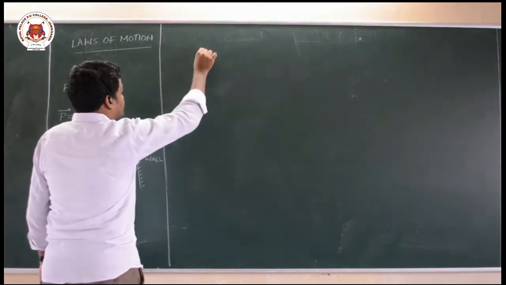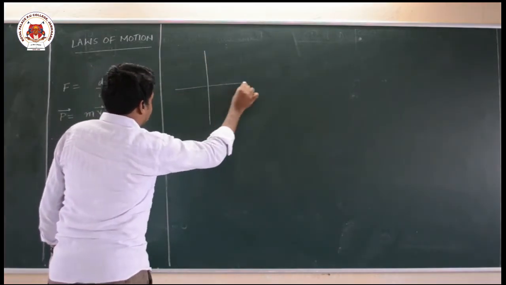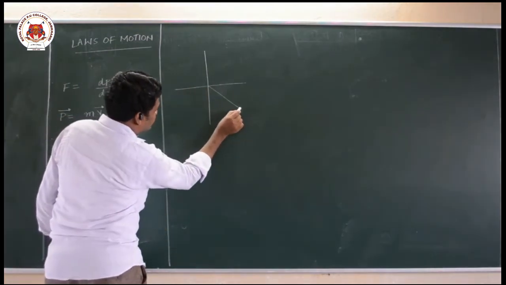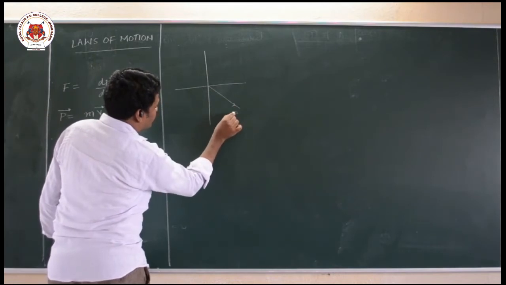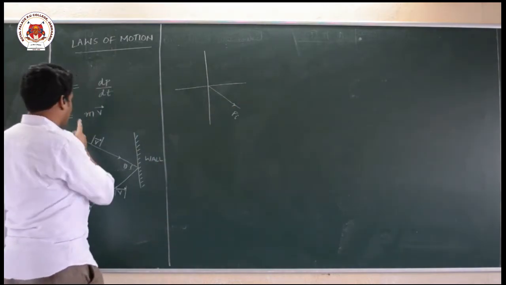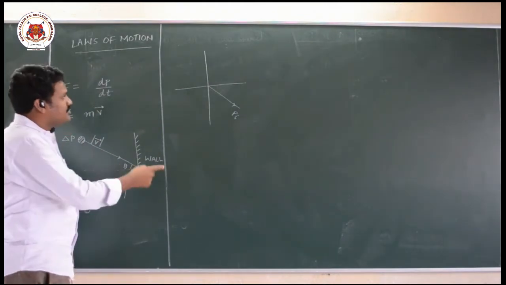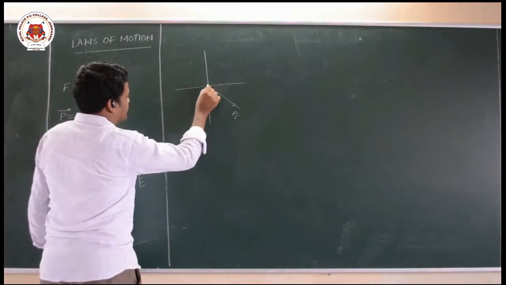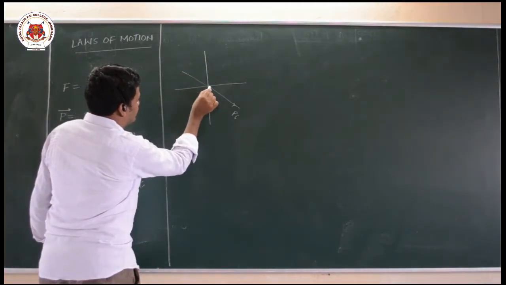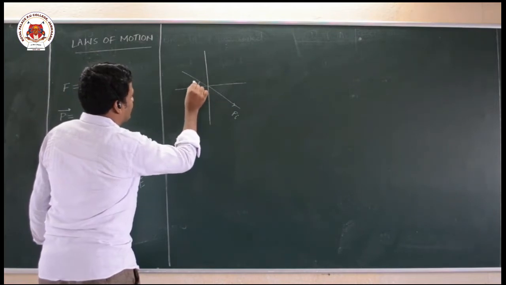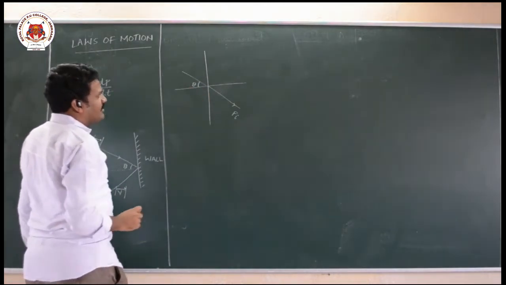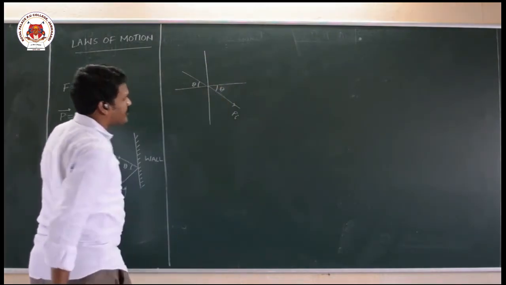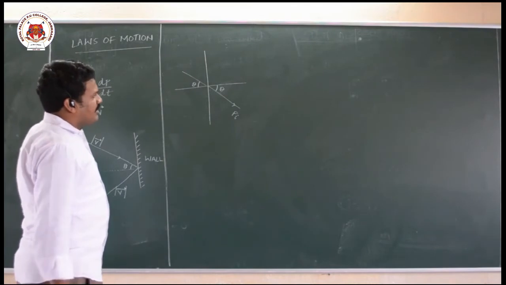If you write this momentum in coordinate axes, this is the direction of initial momentum, P initial, because momentum direction will be in the direction of velocity. This angle I took as theta, and this angle is also theta. Now I can resolve this.